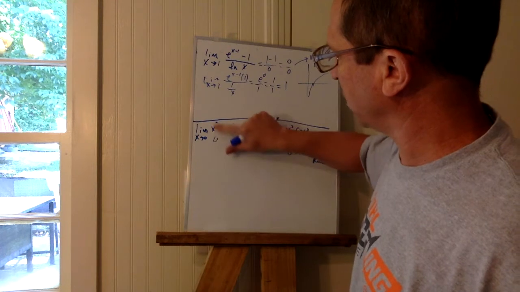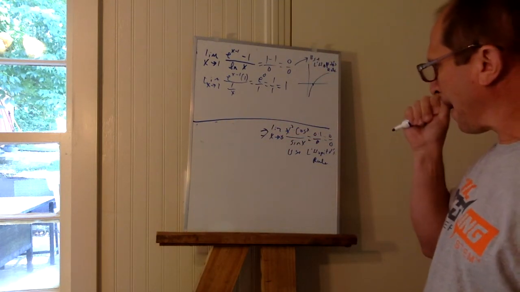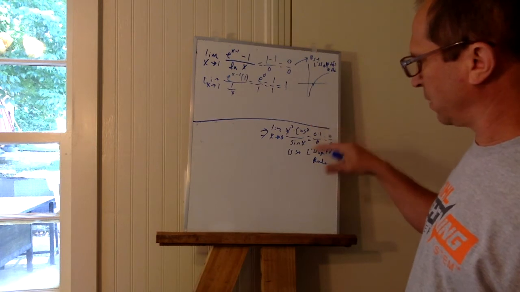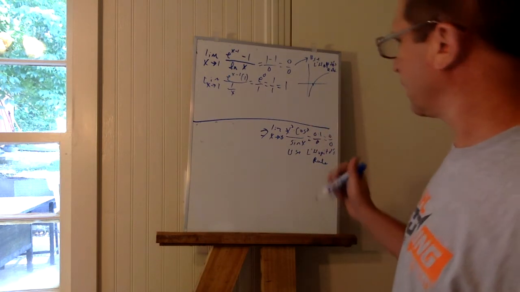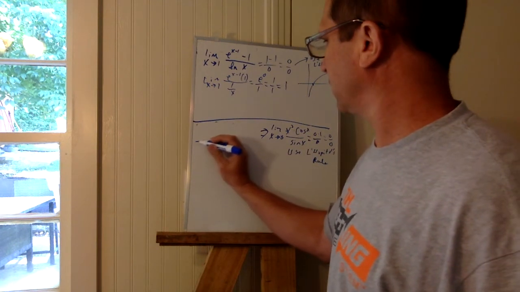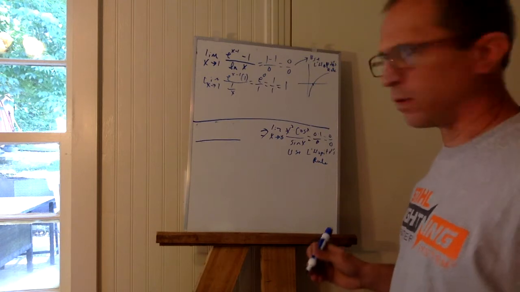So let's go with this form right here, because this is in the form of a quotient, so the derivative of the numerator. Now, derivative of the numerator means that we're going to have to use the product rule.